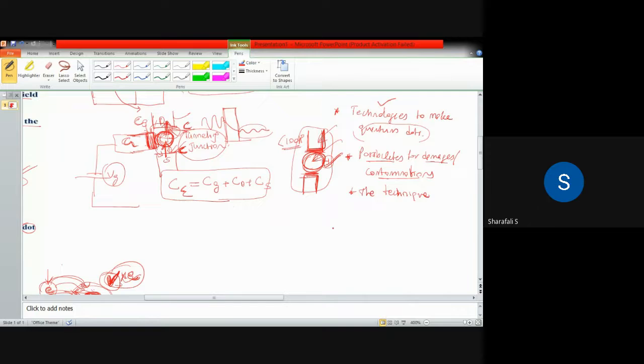When you say technique, this must have high reproducibility, and also controllability. So this is 12.